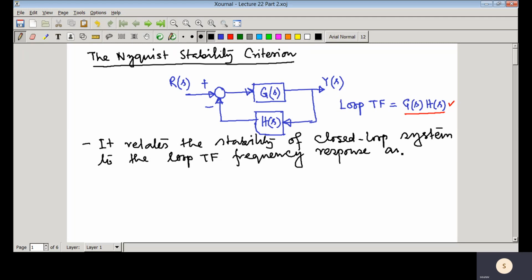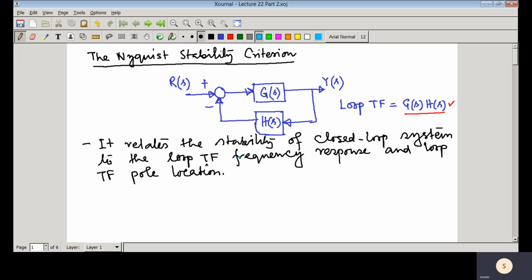And the loop transfer function pole location. Sometimes it is said to be open loop, so open loop means here actually the loop transfer function. So the Nyquist stability criterion relates the stability of the closed loop system.